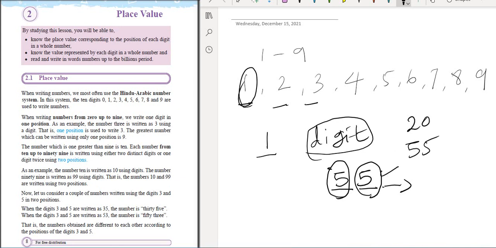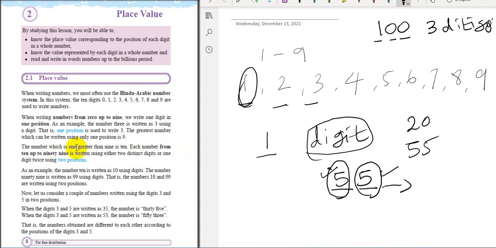This is one digit, this is the second digit, so two digits are there. What about 100? How many positions did we take to write this number? 1, 2, 3. So this is called a three digit number. Okay, now did you understand?